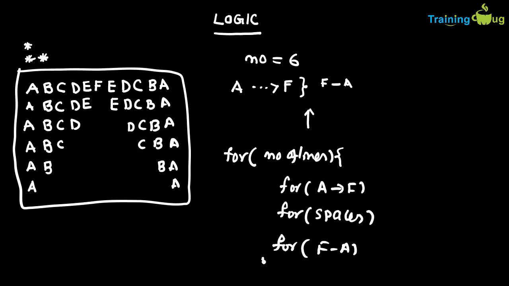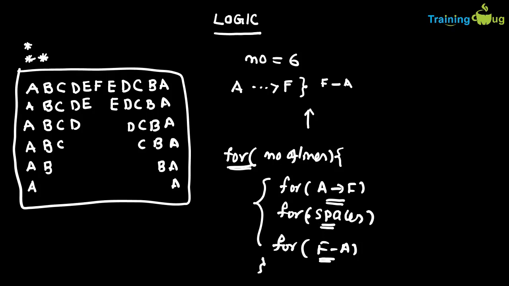So there is one outer for loop iterating through the number of lines, and three inner for loops: one for printing from A to F, one to adjust the spaces, and one to print from F to A.